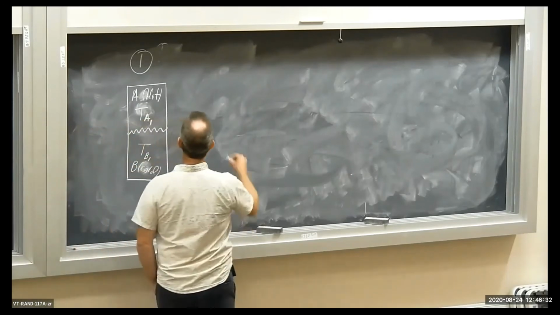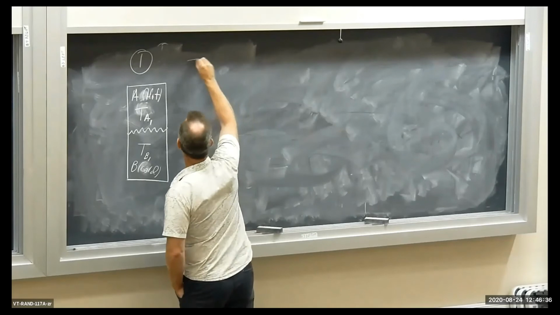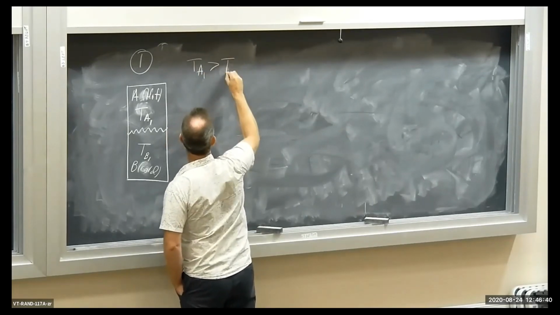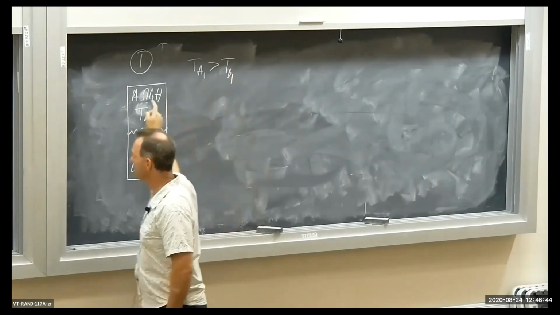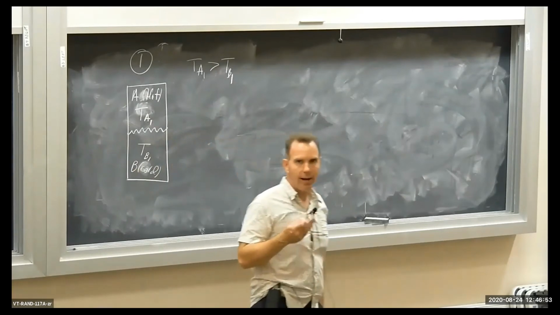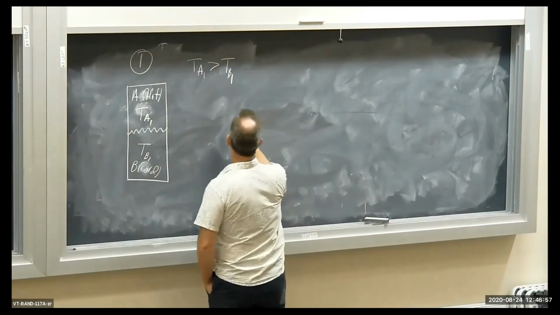And remember, this is the hot one and this is the cold one. So what we're saying is TA at state 1 is greater than TB at state 1. Okay, Bar A is hot.